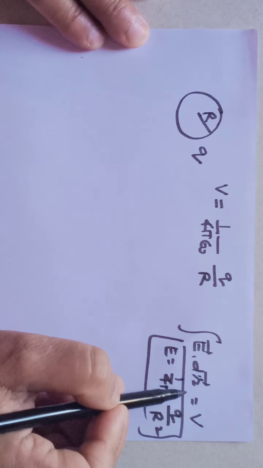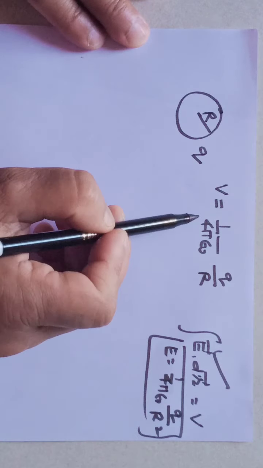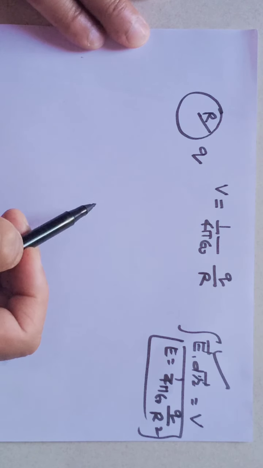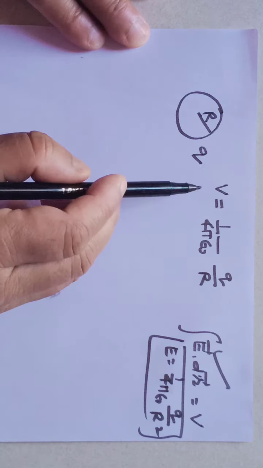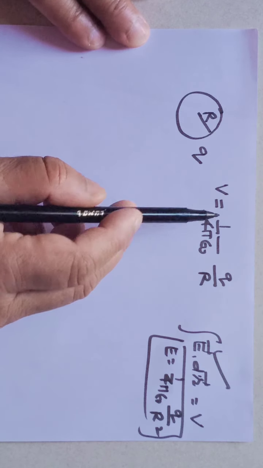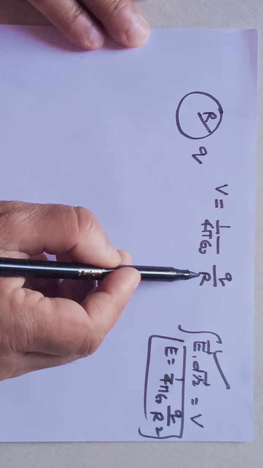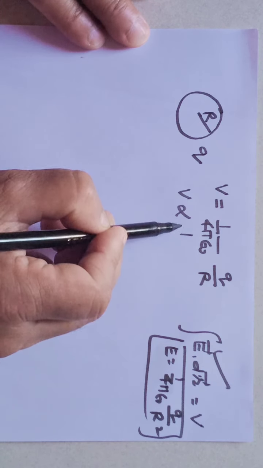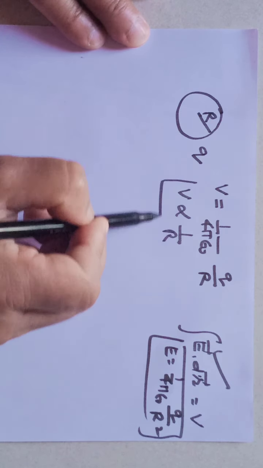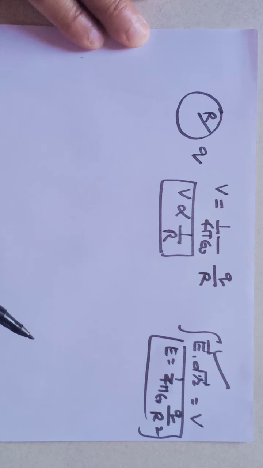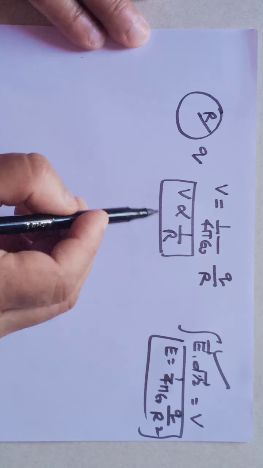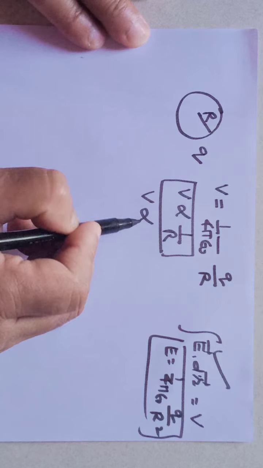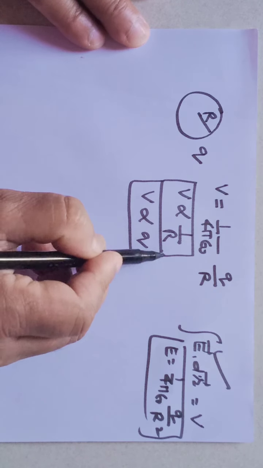So we can put it here to find the result. So electric potential depends on 1 upon R. Also, this potential depends on the charge. Two things.